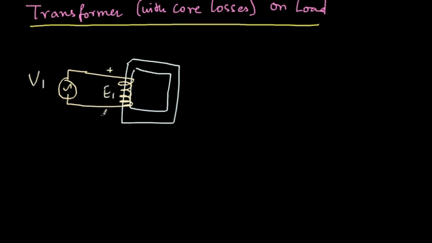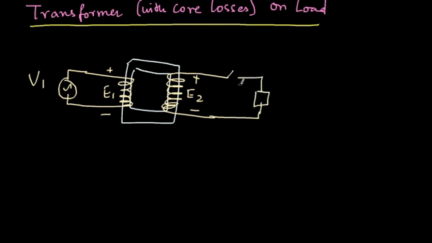So this is plus minus, and then in the secondary side you get E2, the EMF induced like this. So earlier it was no load, so therefore the switch was open. But now if I close the switch, I start getting some current flowing into the load.